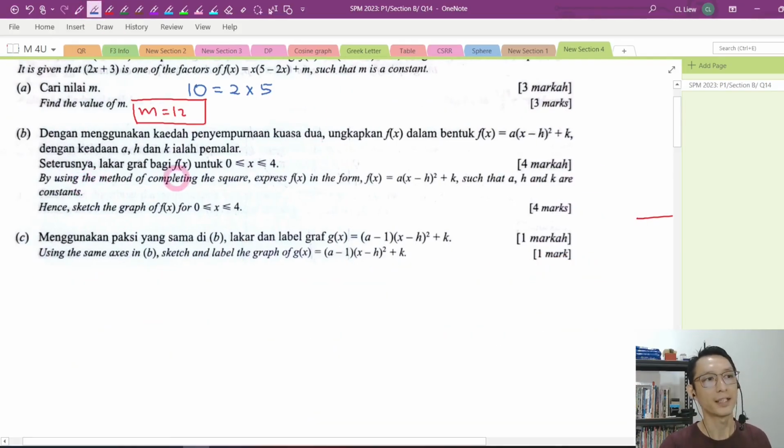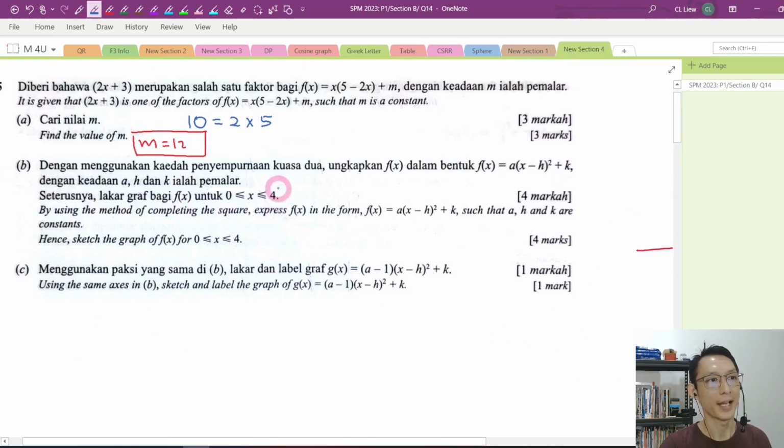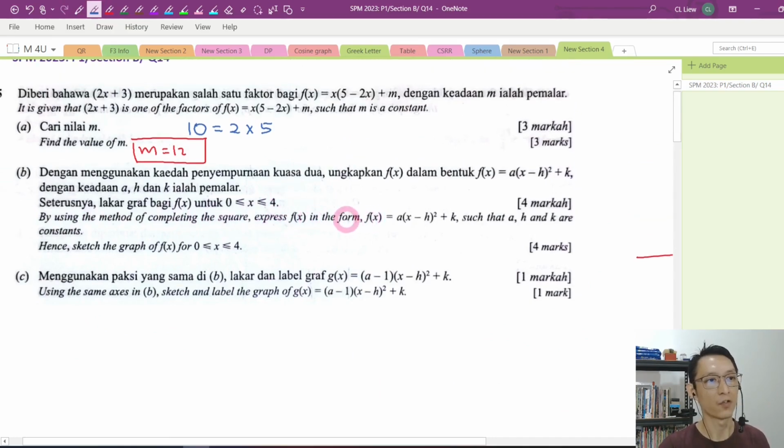By using the method of completing the square, express f of x in the form of this one, complete the square form, vertex form, such that a, h, and k are constant, and then we need to sketch a graph for the domain of 0 until 4. Now just now we got the value of m is equal to 12, right? Let me plug in the 12 over here.